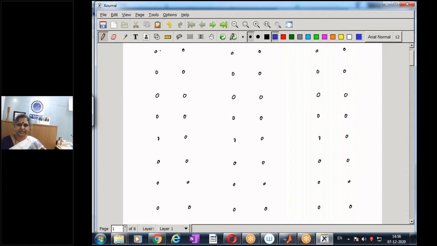In the first stage, we know it is all a 2-point DFT computation. So this is my first stage. And so the 2-point DFT computation.